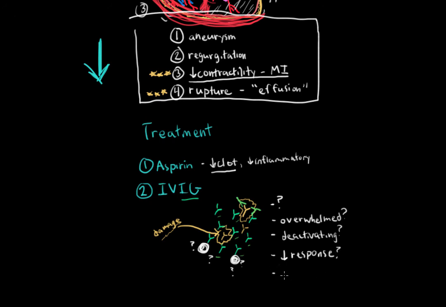And lastly, another thought is that a large amount of antibodies increases the removal of all antibodies in the system. So this leads to clearance of all of these, the good antibodies and the bad ones. Whatever the case, IVIG is known to decrease the inflammatory effects that we see in Kawasaki disease. So it's very important to treat with these before the heart gets damaged.